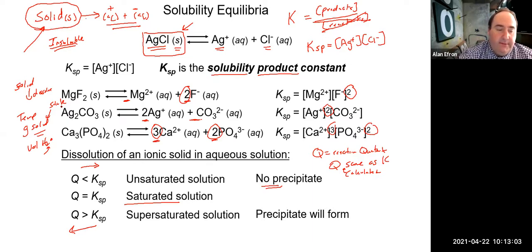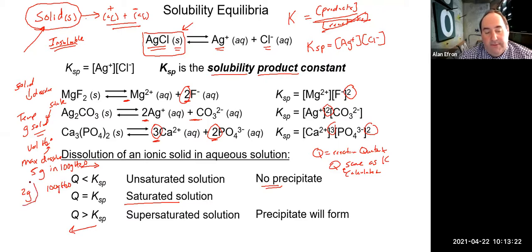So let's just say, for example, that the maximum amount that we could dissolve of some type of solid was 5 grams in 100 grams of water, right? If we put 2 grams of that solid in 100 grams of water, we have no problem. It will dissolve right away. We put 3 grams, it will dissolve right away.